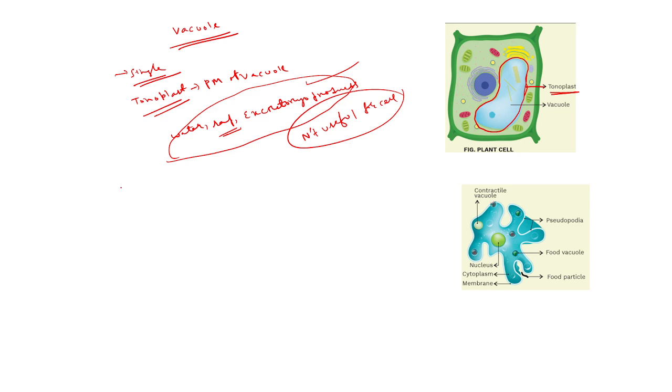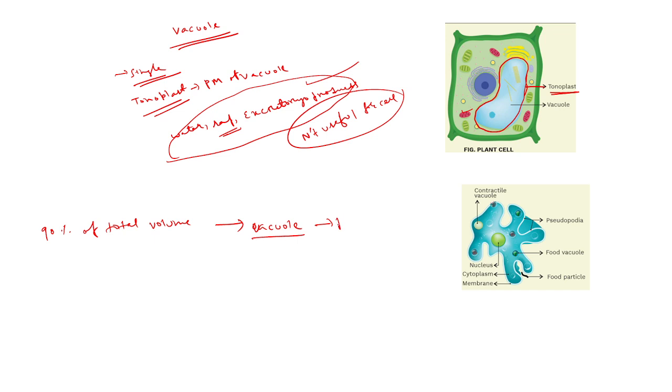And the vacuoles are very, very large. Look at the structure. This is the mitochondria, looks very teeny. This is the nucleus, it is also very teeny. But look at the vacuole. That means in the plant cell, 90% of the total volume is occupied by the vacuole.